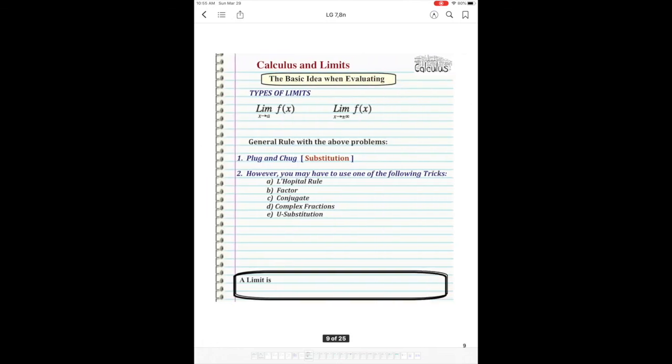Now we're going to look into evaluating limits. So we have limits that are, we have a value like 2, 5, -2, and we have ones that are infinity. So just remember, these guys generally have horizontal asymptotes.